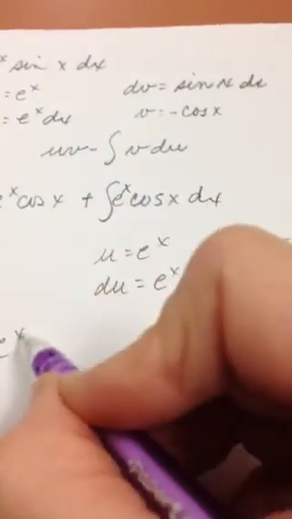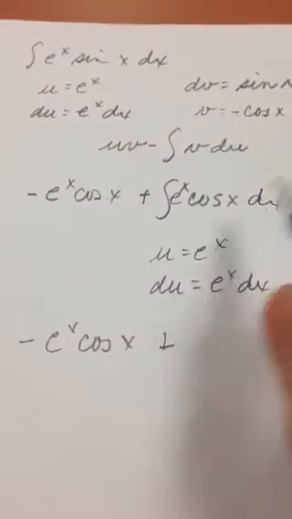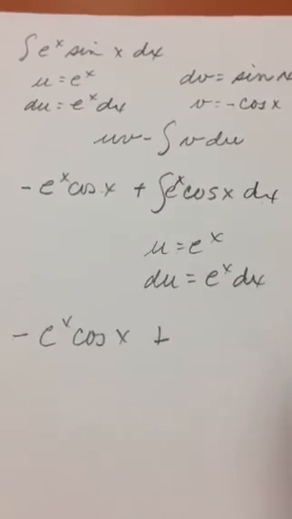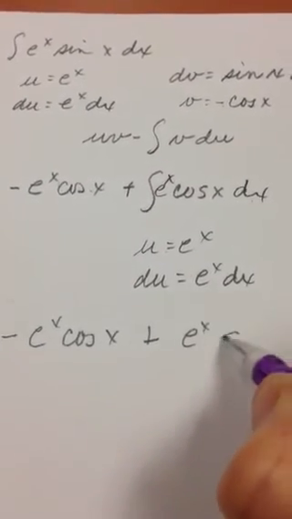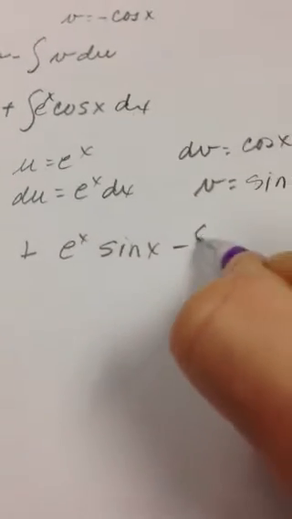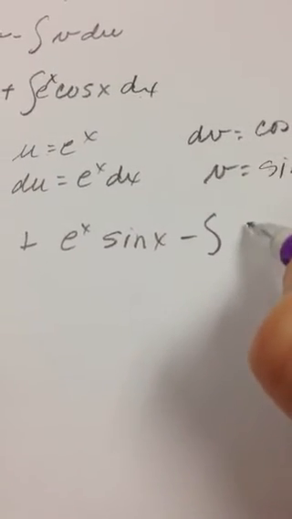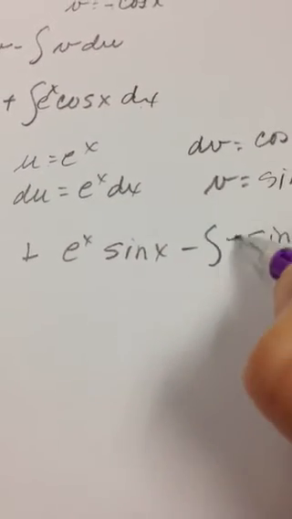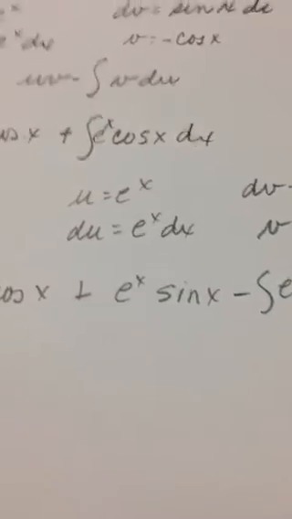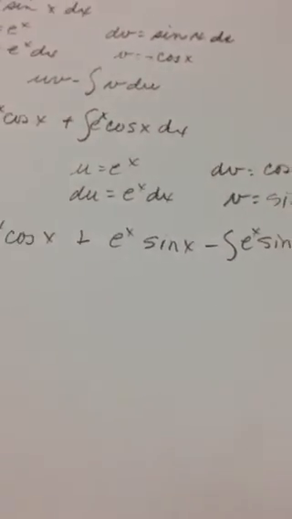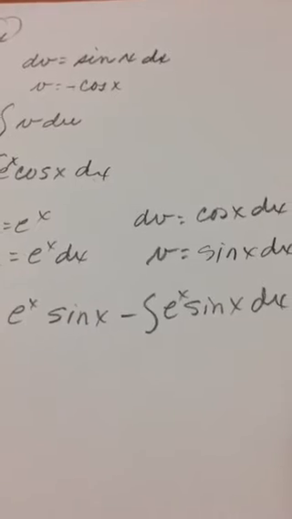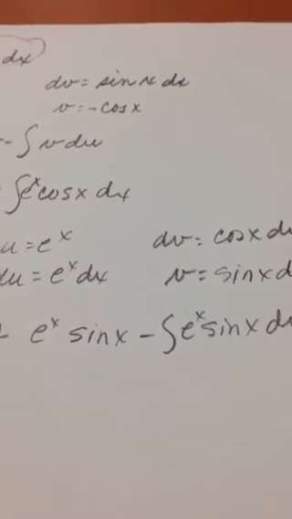Just bringing this term down, plus, now again, I've got u times v minus the integral of v, and it seems like I've gone into a circle because recall this is all equal to this original expression, the integral of e to the x sine of x dx.